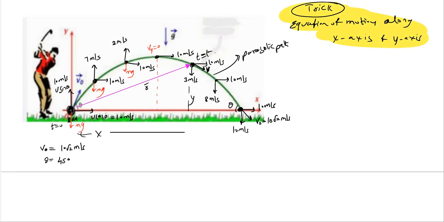Along the x-axis, acceleration is 0, so put ax equal to 0. Our equations will be x equal to ux t plus half ax t square, and y equal to uy t plus half ay t square. Acceleration along the x-axis is 0, so this becomes ux t.